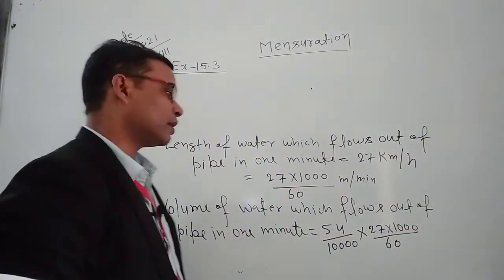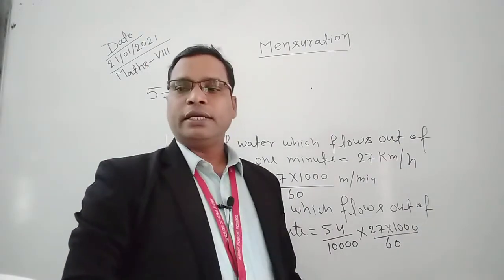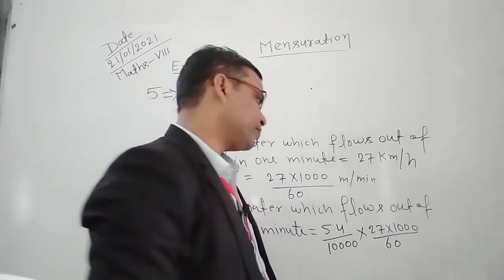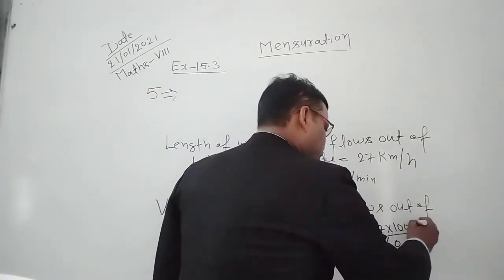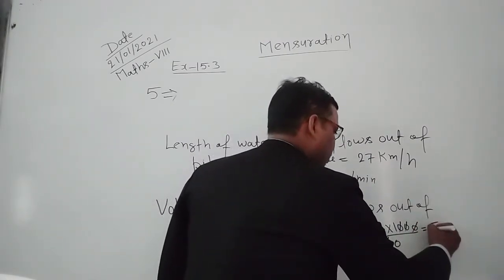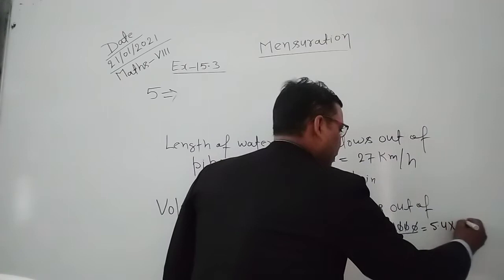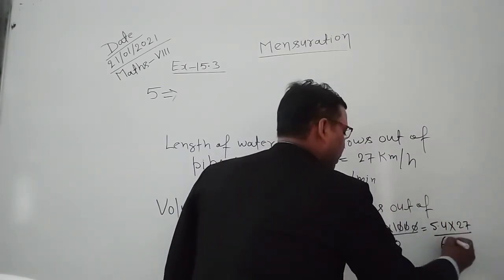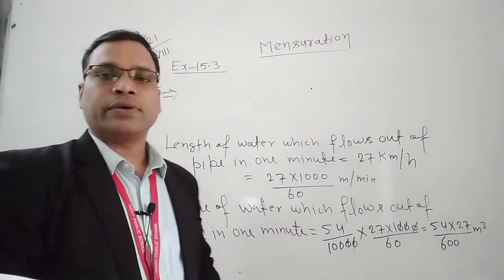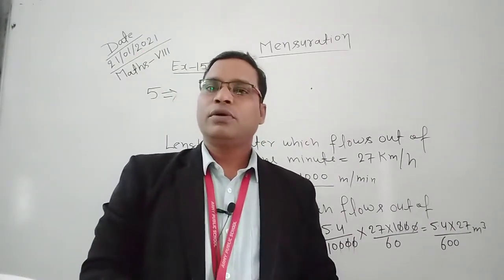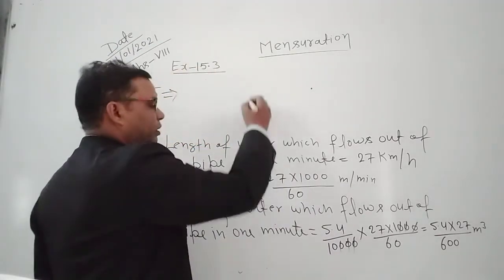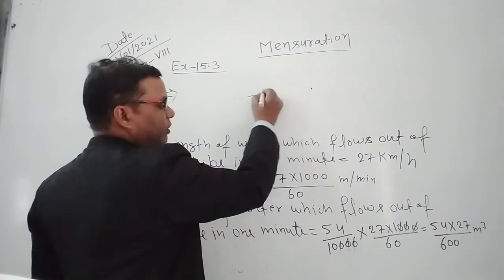You get it in meter cube. This is equal to 5.4 into 27 divided by 600 meter cube, after canceling. But you know very well, 1 meter cube is equal to how many liters? 1 meter cube is equal to 1000 liters.